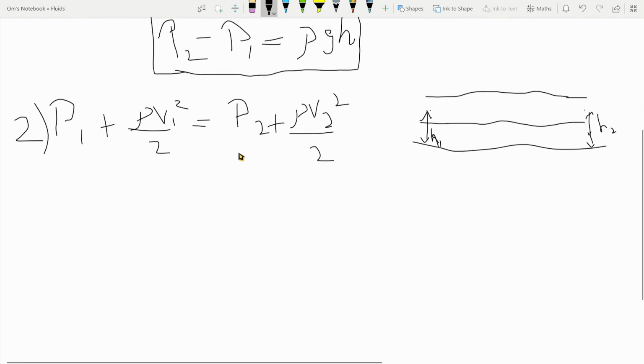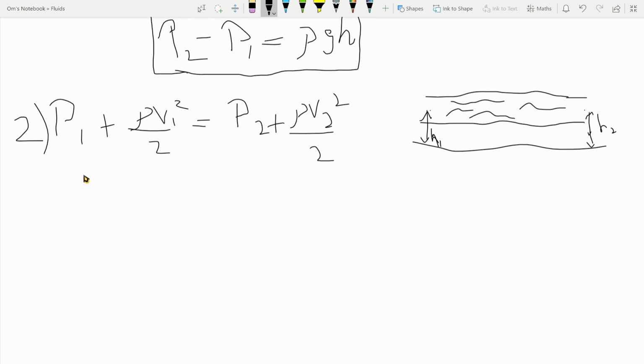If you qualitatively analyze this result, what it basically means is, suppose the pressure at this point over here is less and the pressure at this point over here is more, then the kinetic energy at this point has to be greater in order to balance this equation.